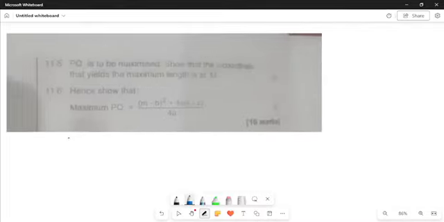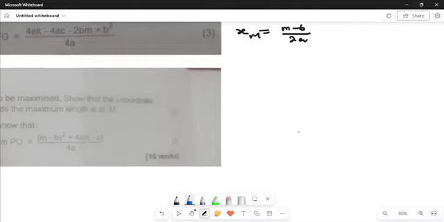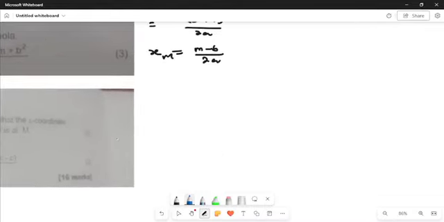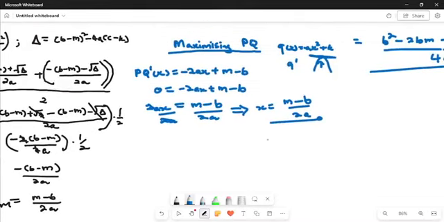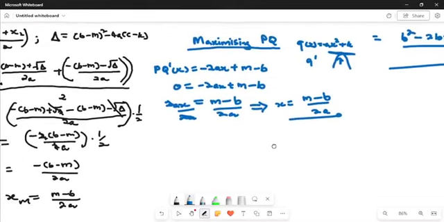And then the last question: hence show that maximum PQ is equal to (m minus b) squared plus 4a into (k minus c), all divided by 4a. So in other words, we are just told to show that the maximum value is that value. Okay, we know what the x value is.